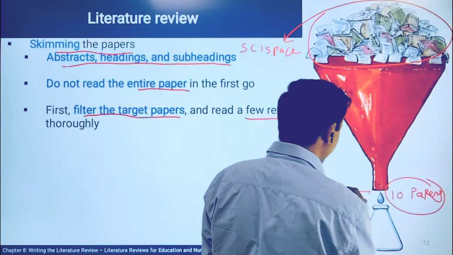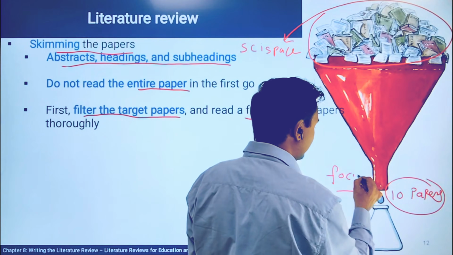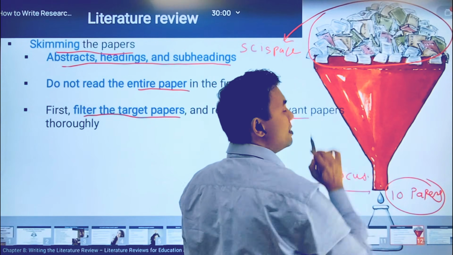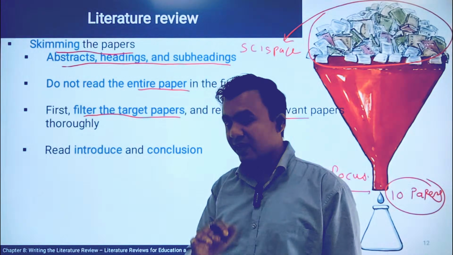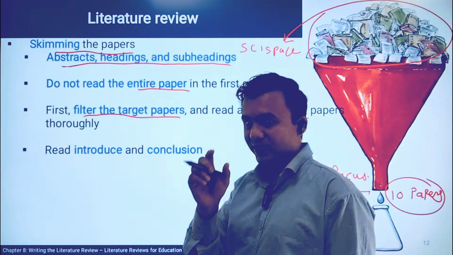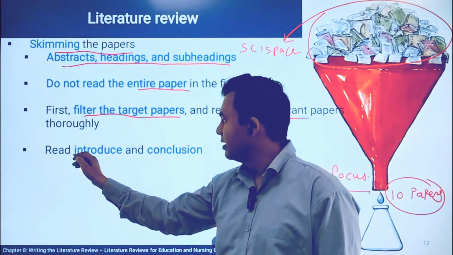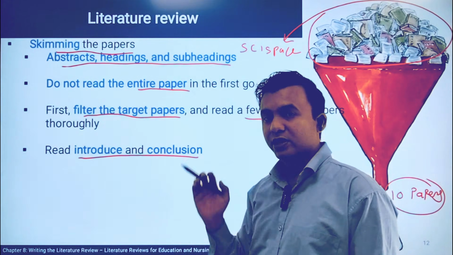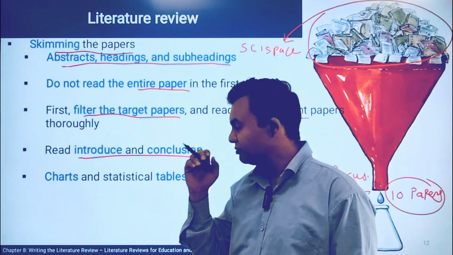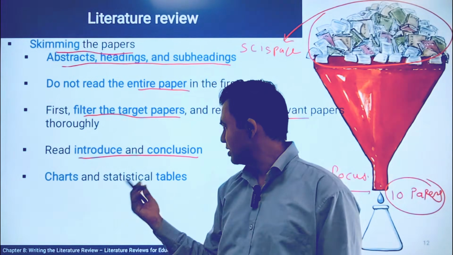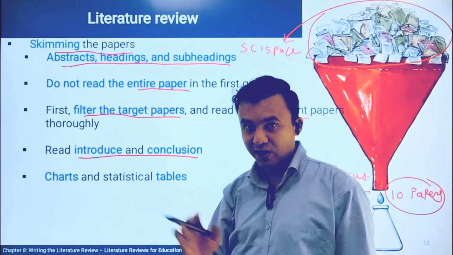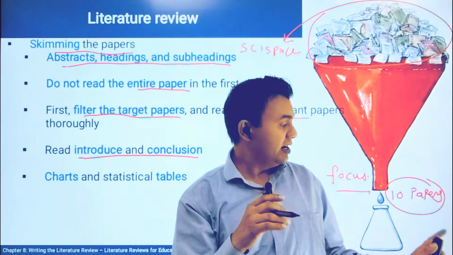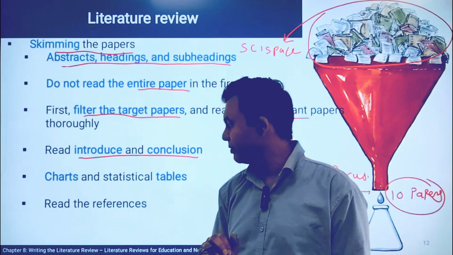Read them with great focus. And here you can do the skimming part. That will save your time and give you a better understanding of some specific target problem. Read the introduction and conclusion. That gives you some sort of background. Look at the charts and tables, not in a deeper way in the beginning. Just skim that first. In the second round, read everything nicely.